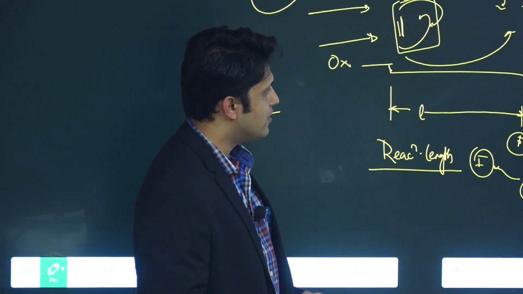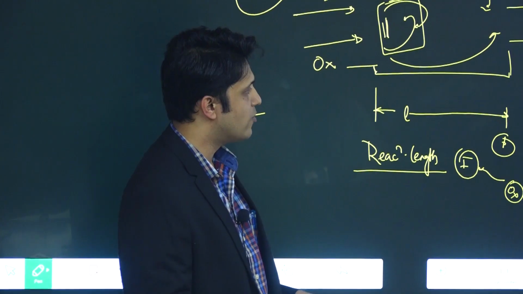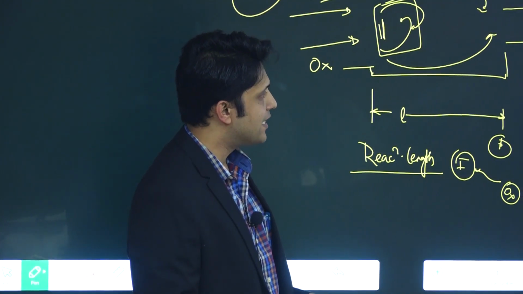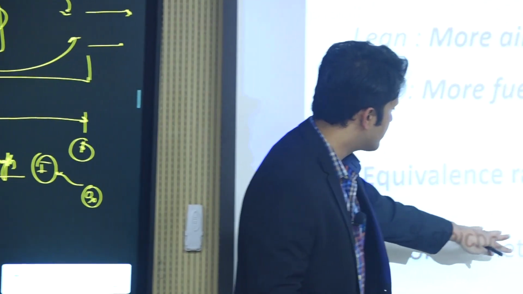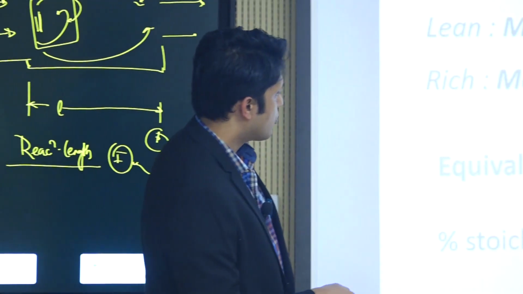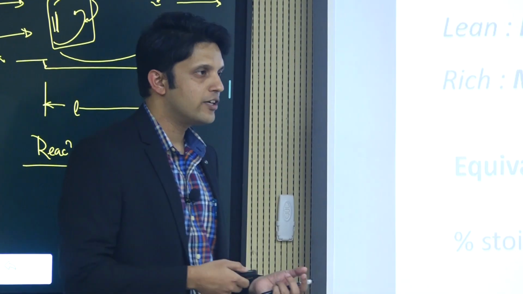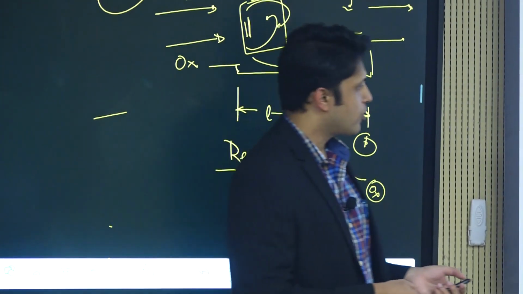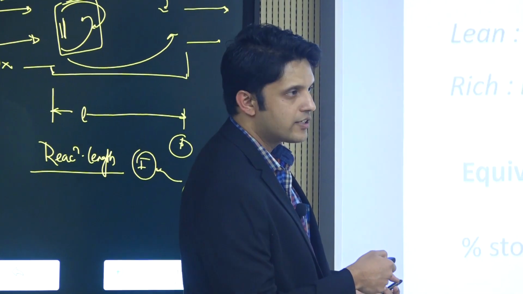A term that we widely use in our community is the equivalence ratio. It is the stoichiometric air fuel ratio divided by the actual air fuel ratio of your system. The stoichiometric air fuel ratio depends on the fuel and the oxidizer.